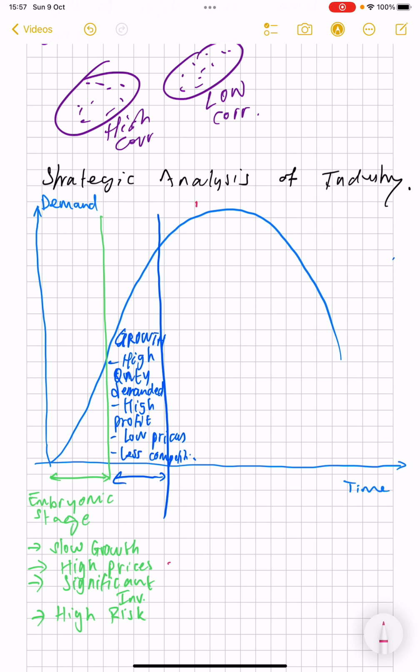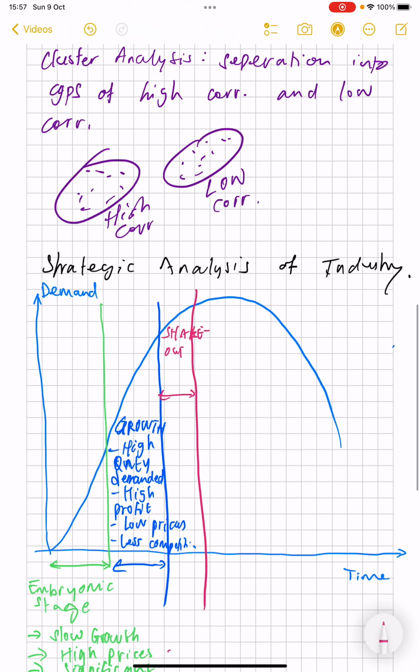You see that from here to here, that's the shakeout stage. So what happens in the shakeout stage?